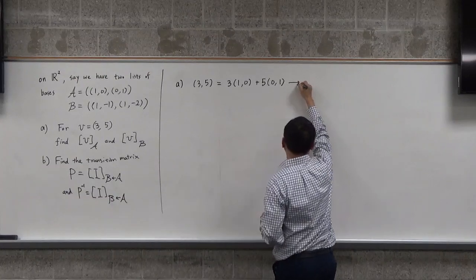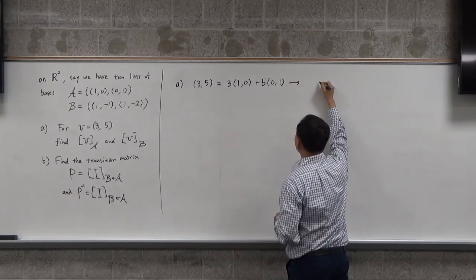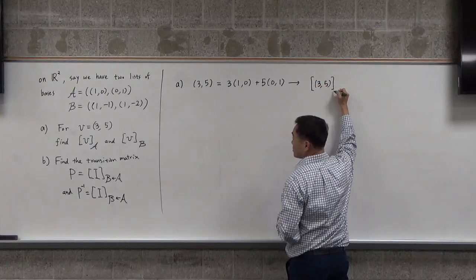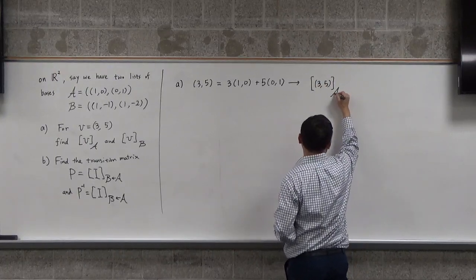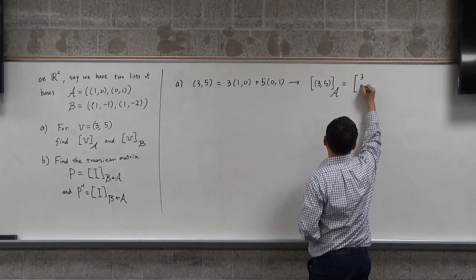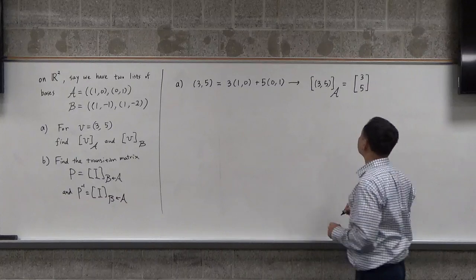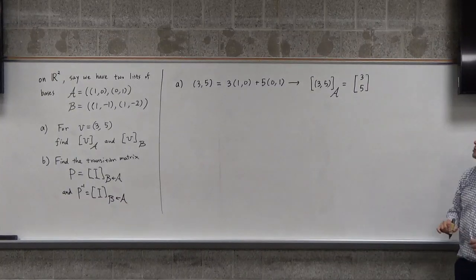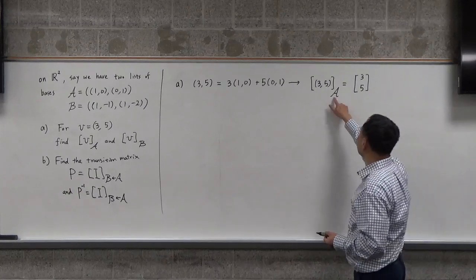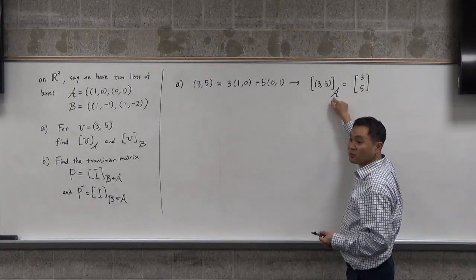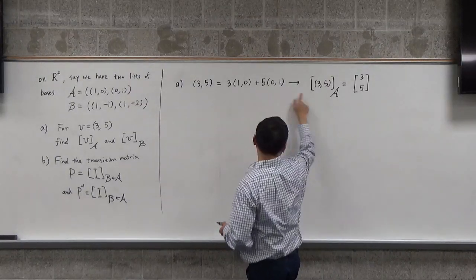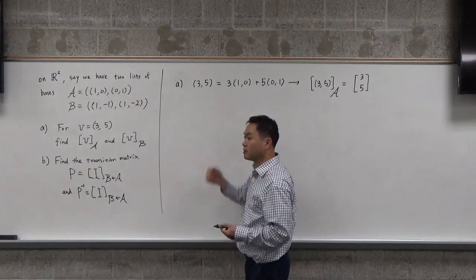And therefore, the representation of (3, 5) under this basis A would be 3 and 5. So this symbol means give me the coefficients of the linear combination if you're given a basis.